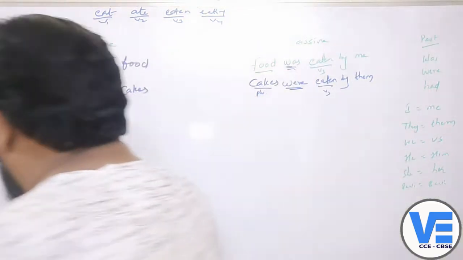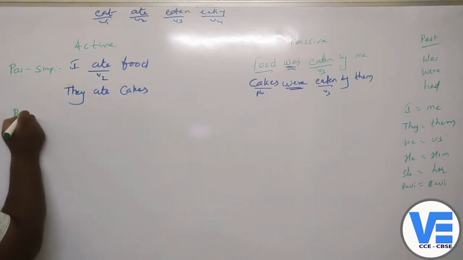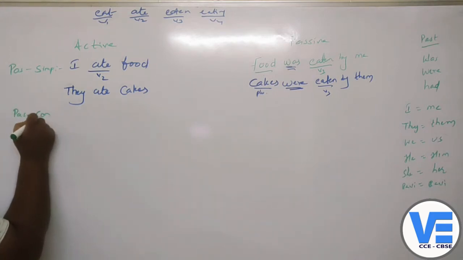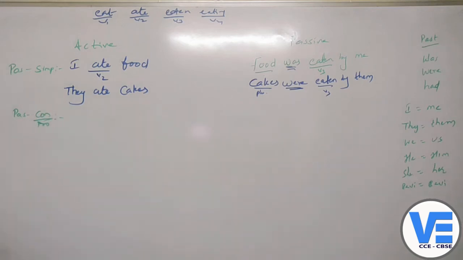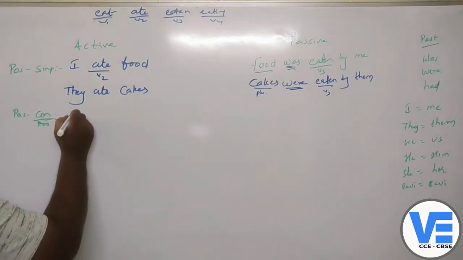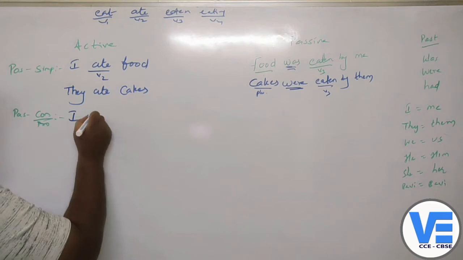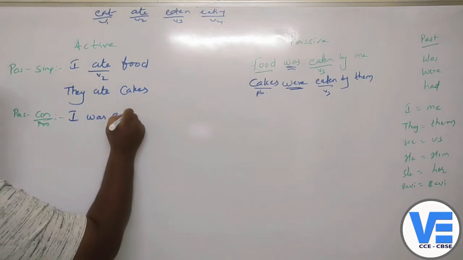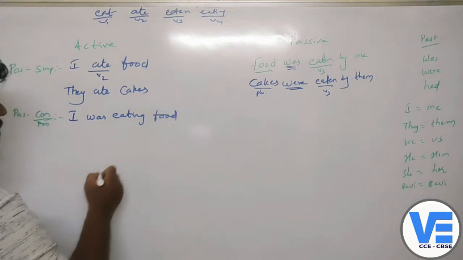So now we'll go ahead with the past continuous or past progressive. In the present tense we have seen I am eating food. Because it's the past tense, it will become I was eating food.